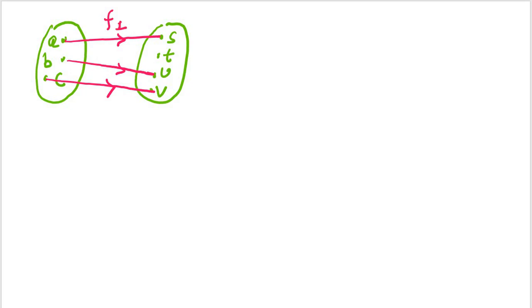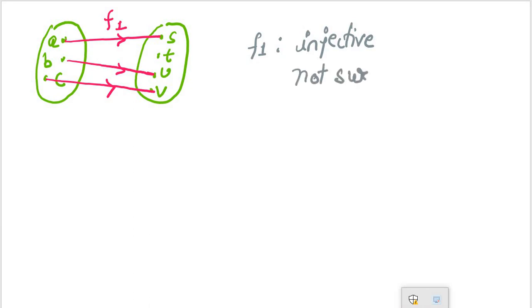Let this be f1. So what I can see is your f1 is for sure injective, if you go back to the definition, and then it is not surjective. This I can claim because I can see this particular part.